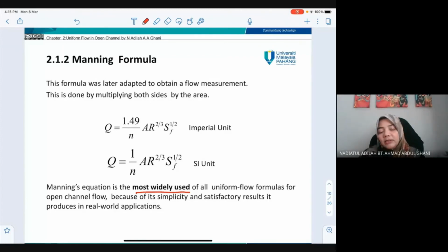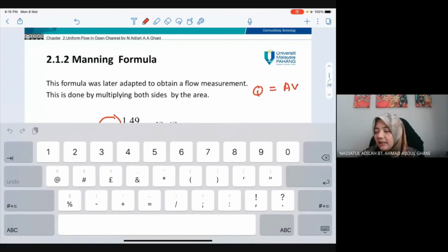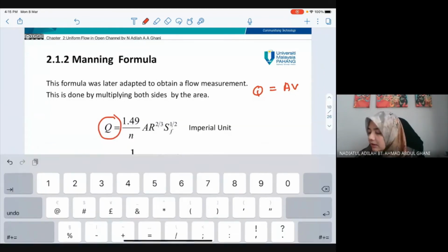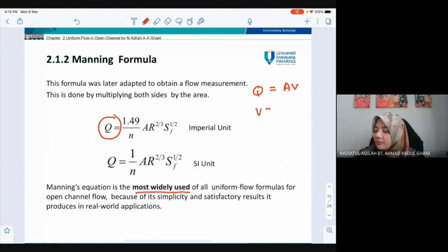Manning formula ni untuk kita kira discharge, ataupun kita boleh gunakan juga untuk dapatkan velocity. How can you get your velocity? Q is equal to AV. So from this formula, if you want to get V, V will be Q divided by A.